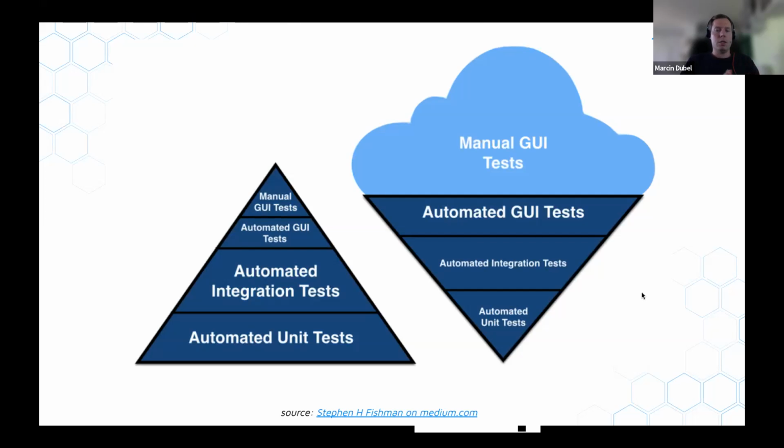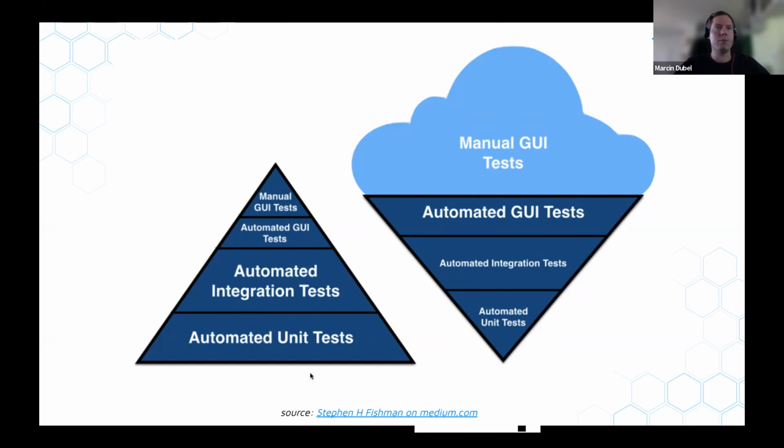Both contain the same layers. So there are unit tests, integration tests, GUI tests or front-end tests, and automated and manual. What is different is how big a ratio of all the tests the particular type of test is.